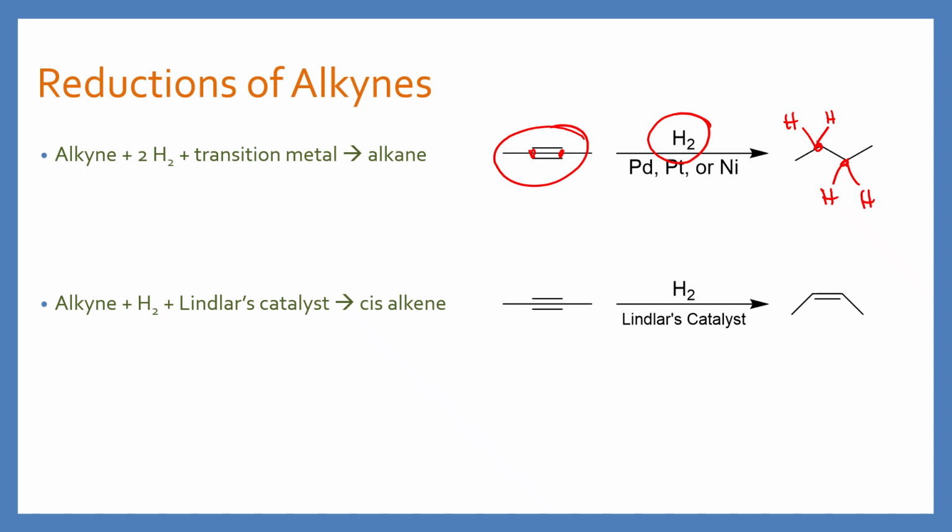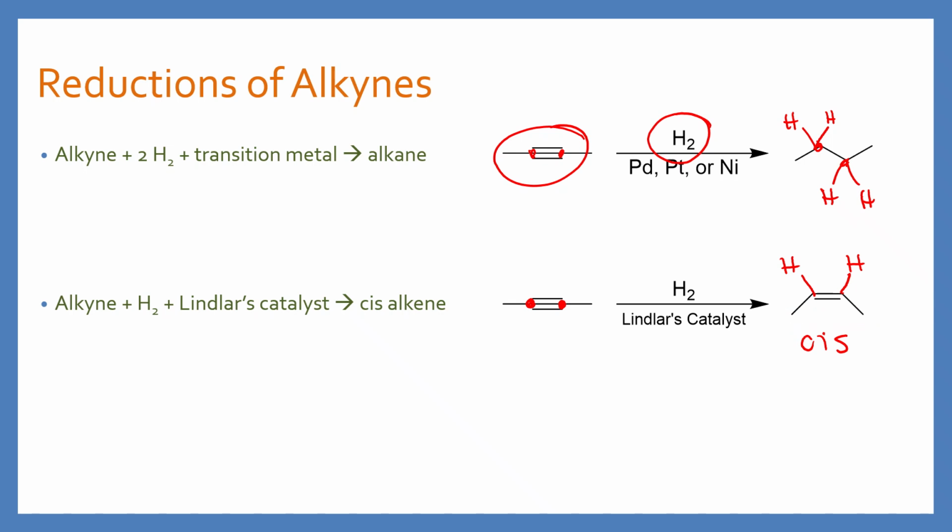The next one is alkyne plus hydrogen gas plus something called Lindlar's catalyst, gives you specifically a cis alkene. So those hydrogens that are being added end up on the same face. And then anything that was attached to the alkyne carbons will end up cis to each other.